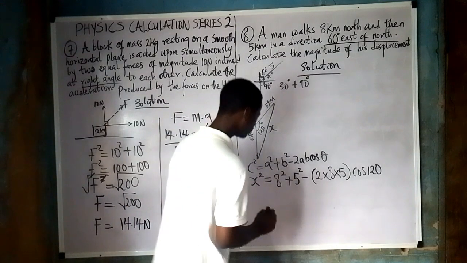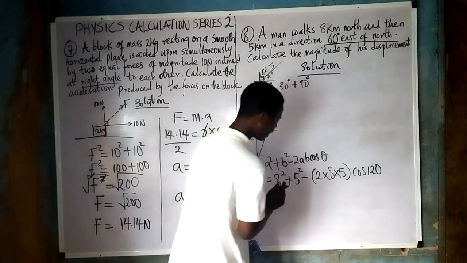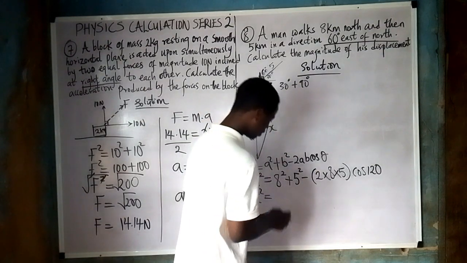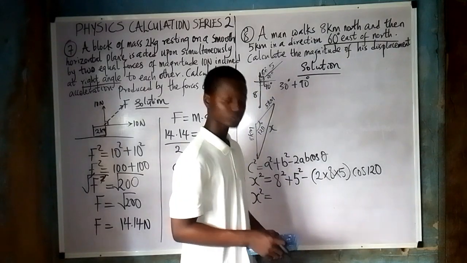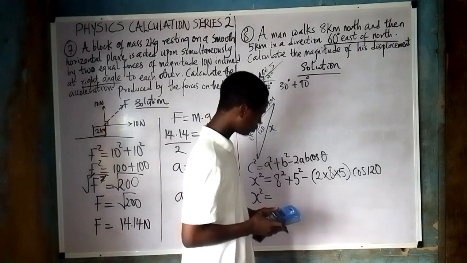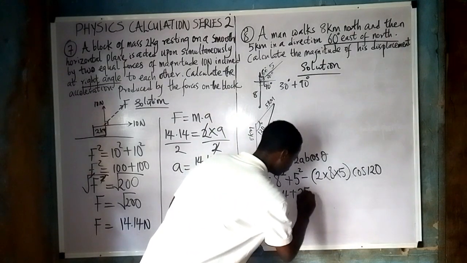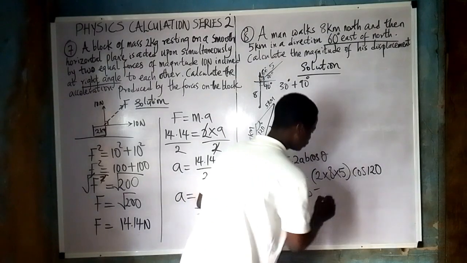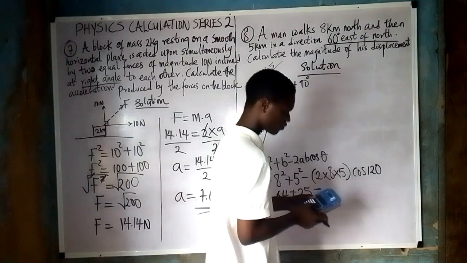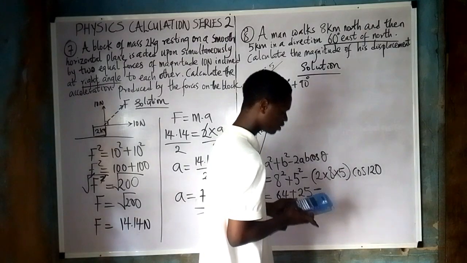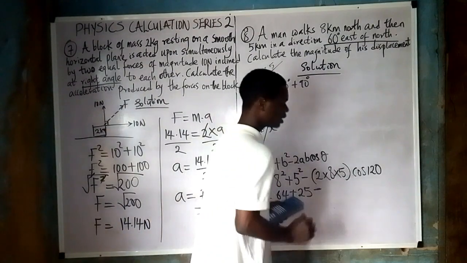Now from here, what are we going to have? x squared will be equal to 8 squared plus 5 squared. 8 squared is 64, and 5 squared is 25, so 64 plus 25, minus, now we do these ones, 2 times 8 times 5, which gives us 80. 80 cos 120.